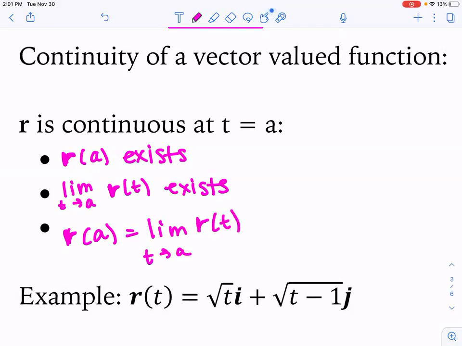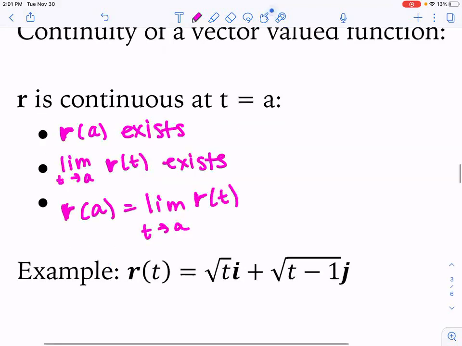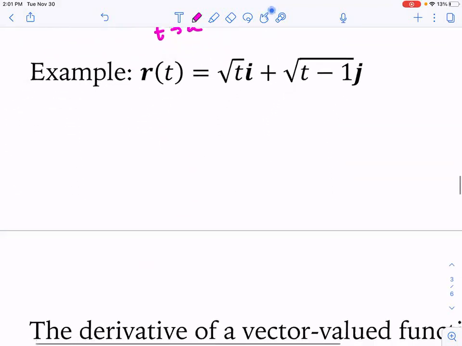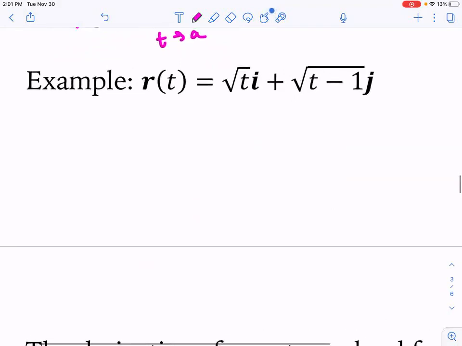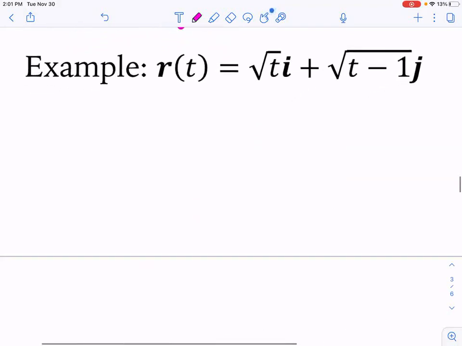The limit exists, the function value exists, and they are the same. Okay, so you and one other person at your table, I want you to talk about where this vector valued function is continuous. On what piece of the domain is this continuous?